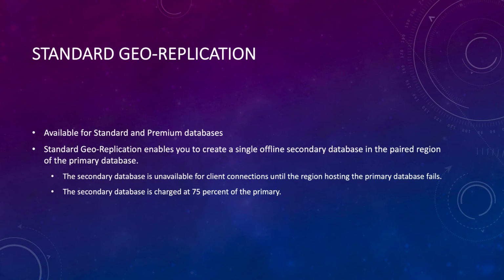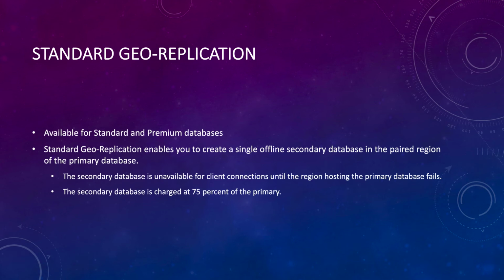Next option is standard geo-replication. It is available for standard and premium databases. Through using standard geo-replication, you are able to create a single offline secondary database in the paired region of the primary database.